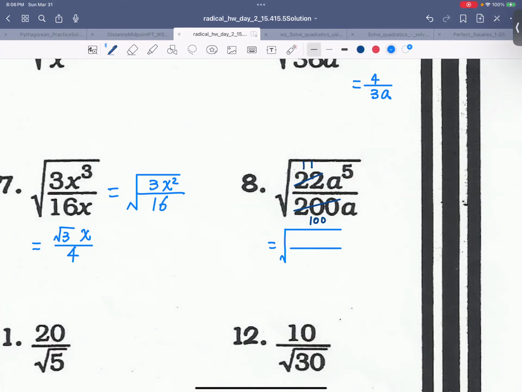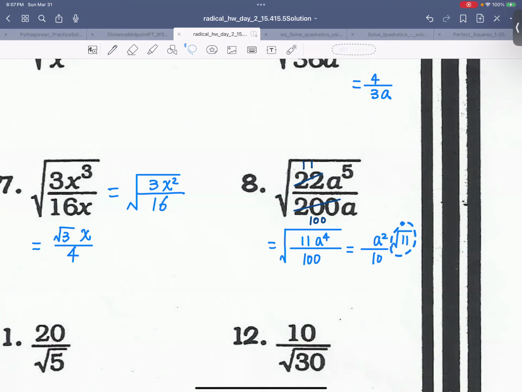A to the power 4. You have 11, A to the power 4 over 100, right? Mm-hmm. So this take out becomes? 10. A to the power 4 go out becomes? A squared. And you have left over this? Square root 11. Yes. Beautiful.